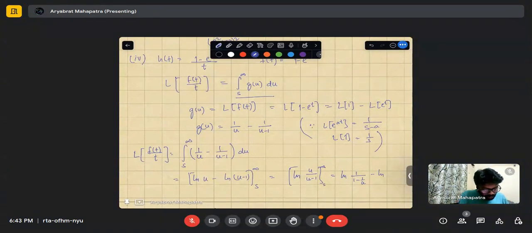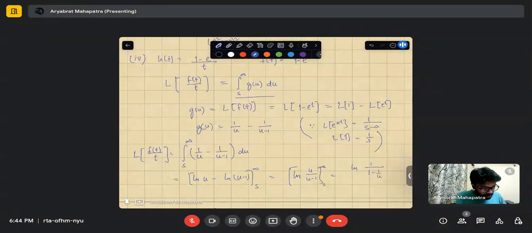When you put infinity in your ln of u by u minus 1, you can write that as 1 by 1 minus 1 by u.